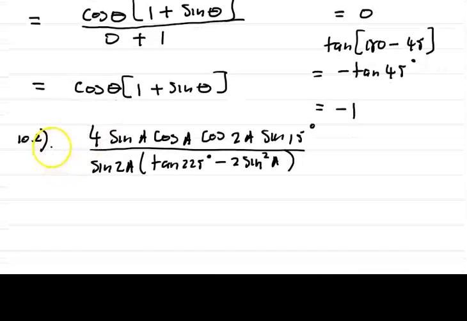Normally what we would do is just write down left hand side equals. Let's just make sure we copied everything down correctly.